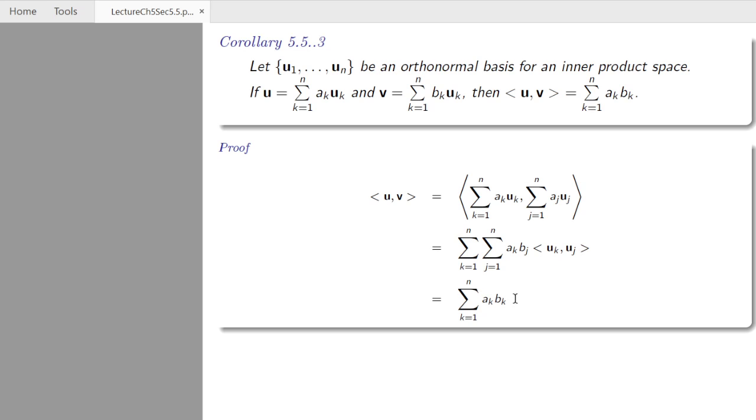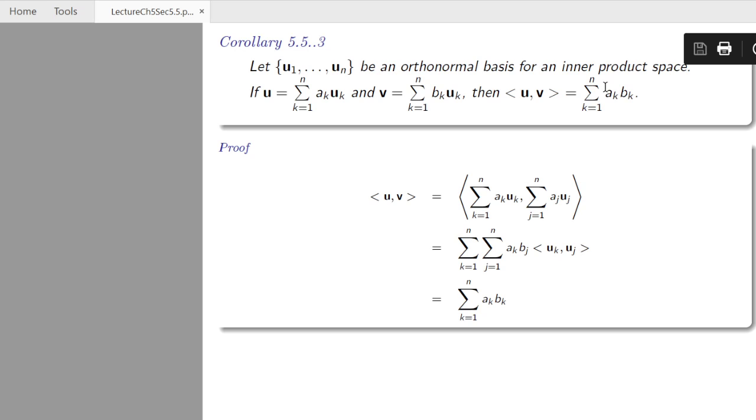Then here we should have the inner product between u_k and u_k. That is 1, because we assume the basis is not just a basis but also orthonormal. That means each of the vectors has length one, so that we get the inner product between u and v equal to this form.